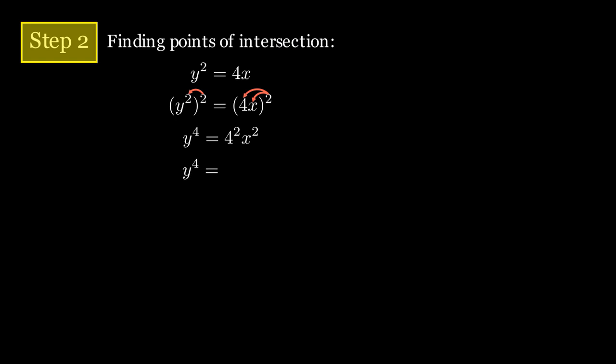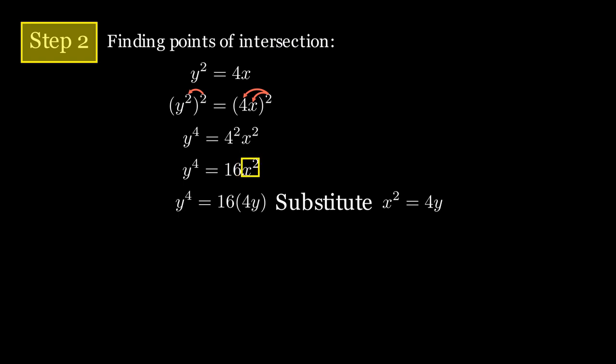Next, y to the power of 4 equals 4 squared, which is 16, times x squared. Next, y to the fourth power equals 16, then substitute x squared equals 4y. Next, y to the fourth power equals 16 times 4, which is 64, times y.